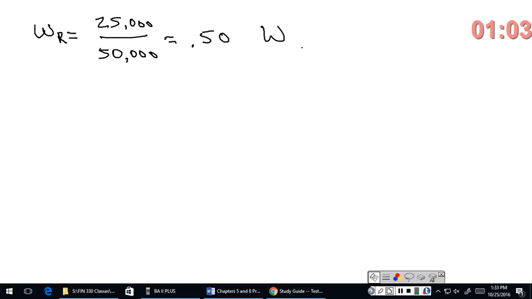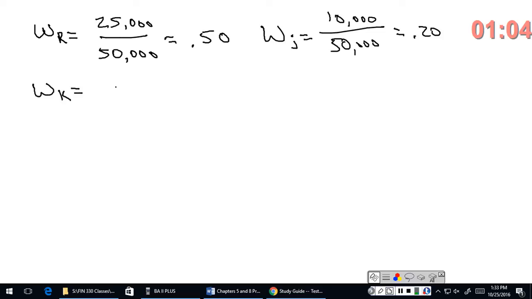The weight for the second asset, asset J, is 10,000 divided by 50,000 equals 0.20. And the last one, which is asset K, there was $15,000. And so that's going to be 0.3 or 30%.